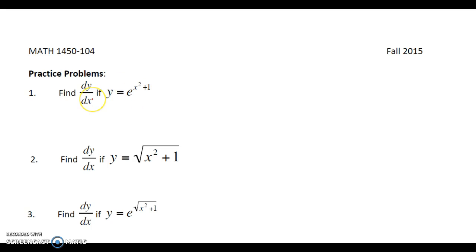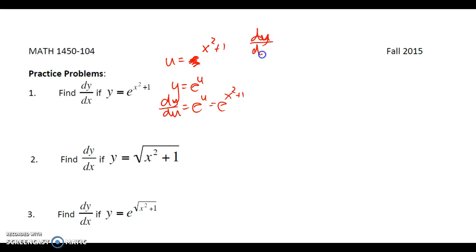All right. Here we go. We have, I'm going to call u equals e to the x squared plus 1. Actually, no. U is going to equal x squared plus 1, isn't it? So y equals e to the u. dy du is equal to e to the u, right? Which is, if I substitute back in, e to the x squared plus 1. du dx equals 2x, doesn't it?